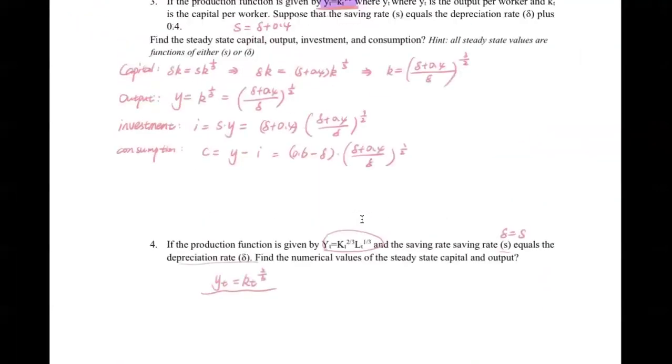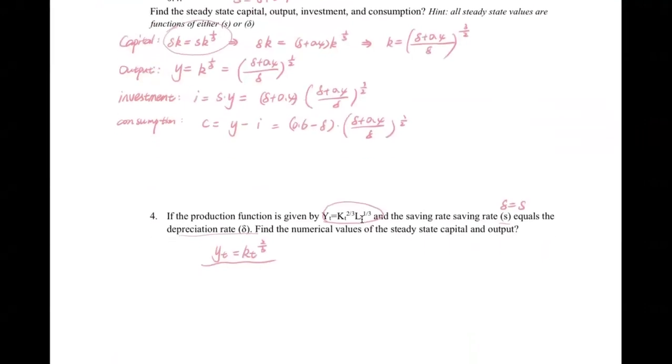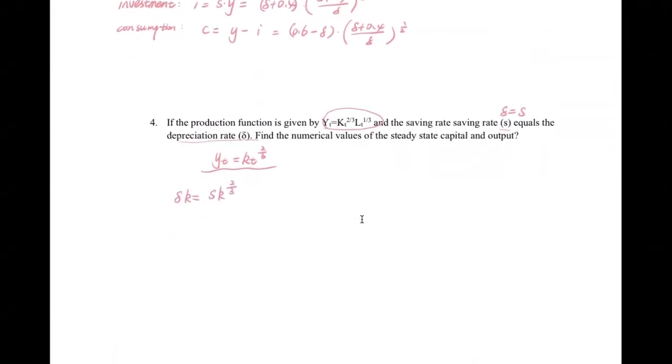Always use this one. Now you have delta times k equals s times k to the power of 2 over 3, and delta and s are the same, so delete it. Then you will get k's value would be 0 or 1. Actually, k cannot be 0, so k's value is 1.